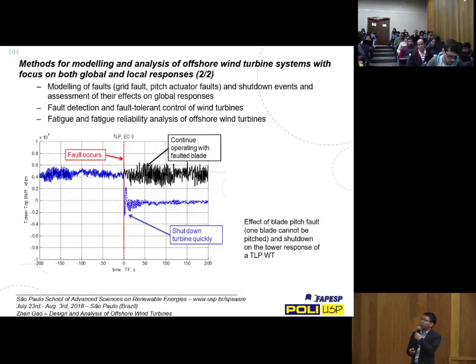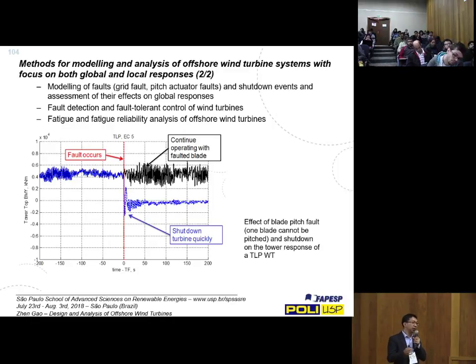Another part is that we also look at the structural response to faults in the wind turbine system. These can be faults in the grid system, for example grid loss, and so on. This can also be related to a failure in the pitch actuator for the blade.